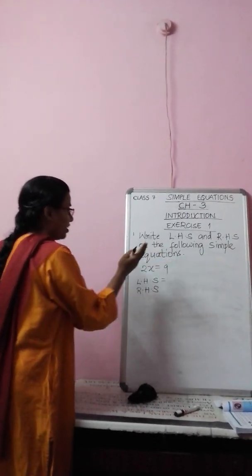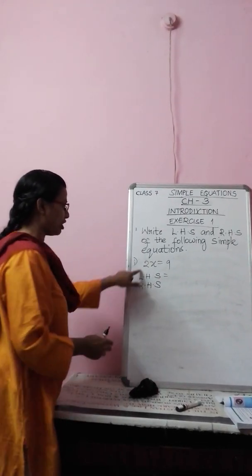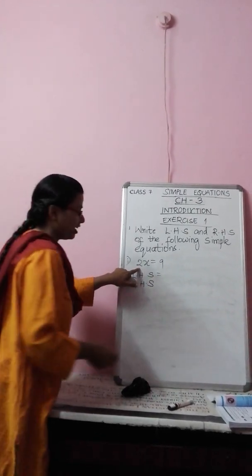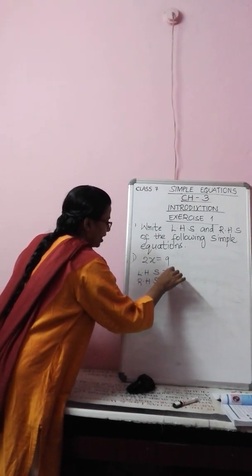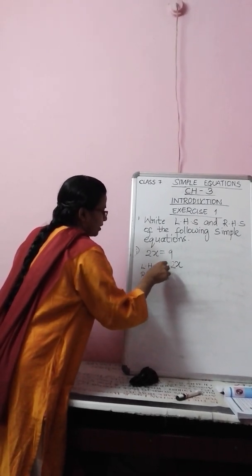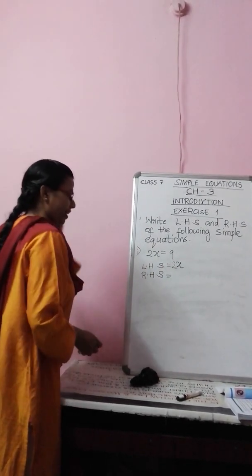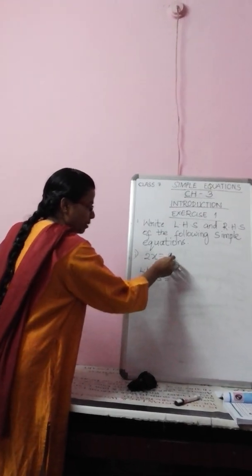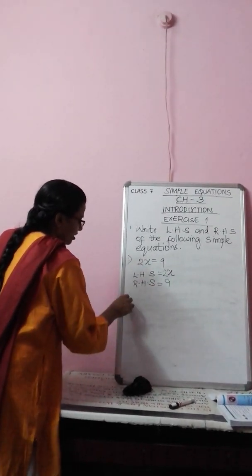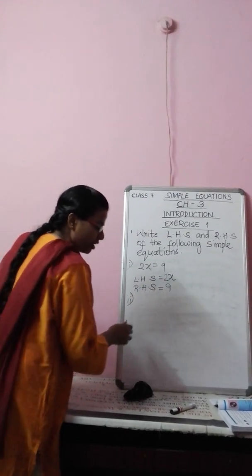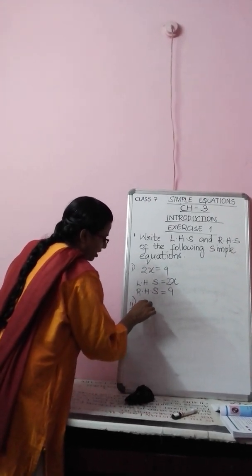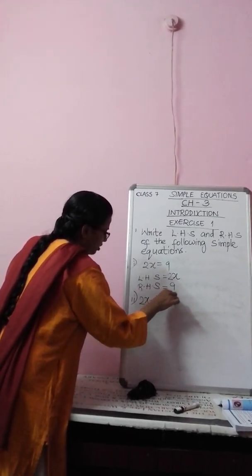No, very good. L.H.S is this side, and what is there in the L.H.S side? Left side, 2x. R.H.S is equal to how much? 9.